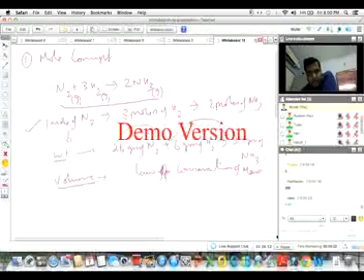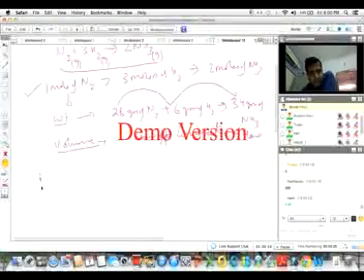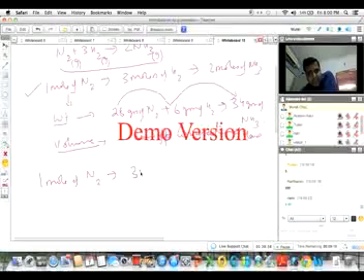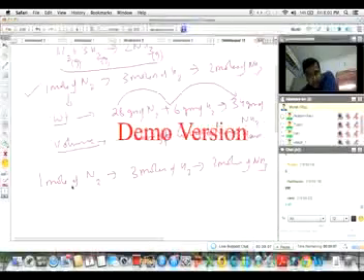Alternatively, what I can do is I can say that 1 mole of N2 is reacting with 3 moles of H2 to form 2 moles of NH3. But I know that 1 mole of a gas occupies 22.4 liters, that is Gay-Lussac's law.